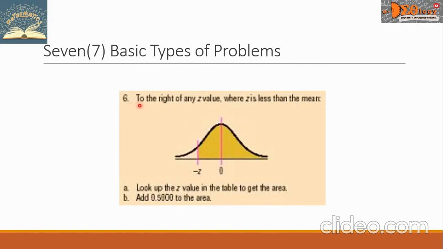Case 6, to the right of any z value where z is less than the mean, as shown in this figure. We look up the z value in the table to get the area, then add 0.5 to the area.